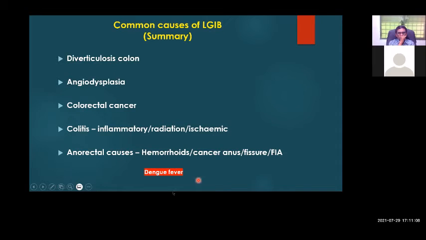Of course, as mentioned, dengue fever should not be forgotten as a common cause of GI bleeding in our patients. The low platelet count is an indicator of the possibility of passing stools with blood stain.